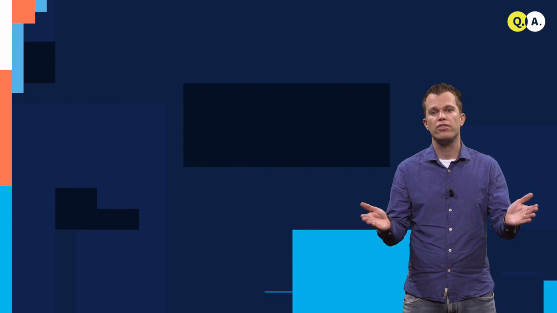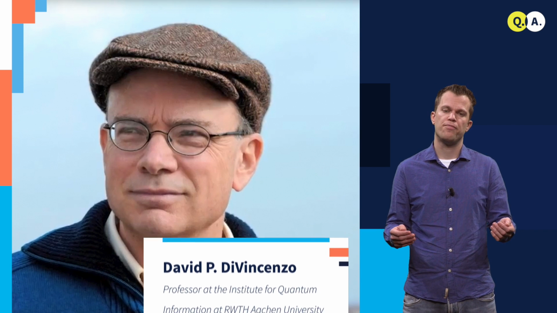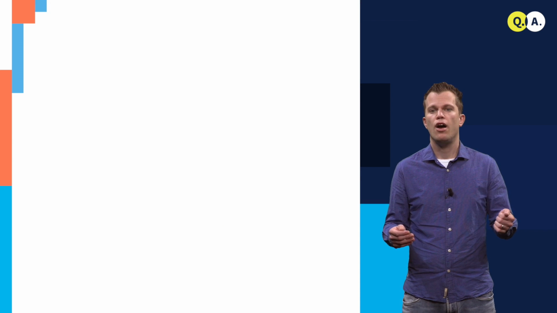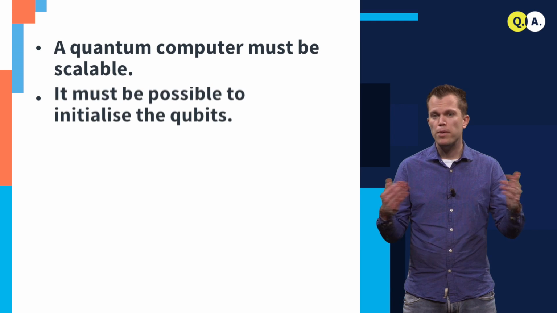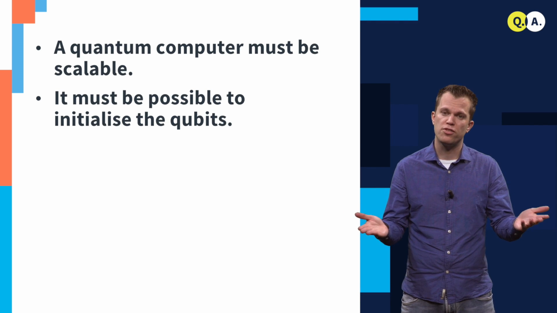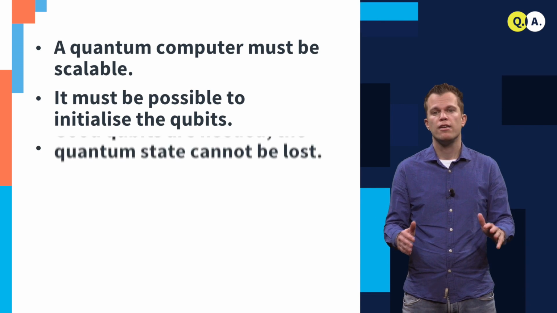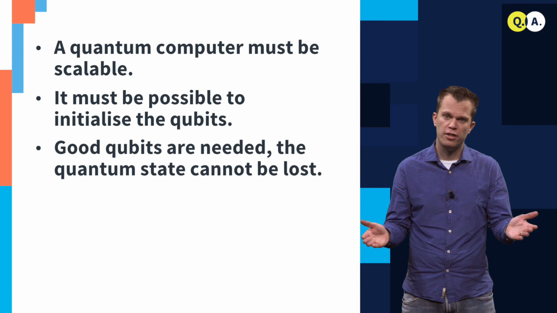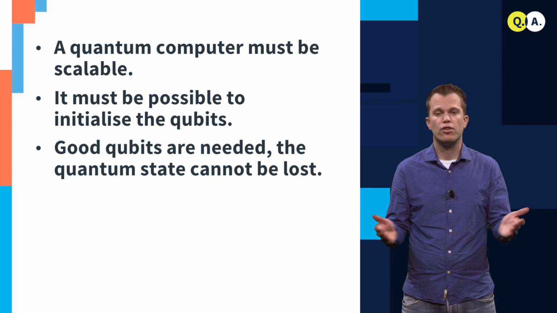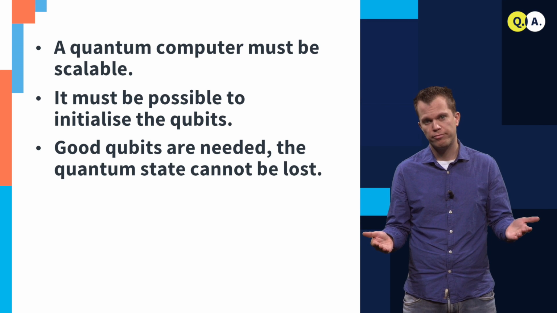In 2000, David DiVincenzo listed 5 key criteria. First, a quantum computer must be scalable. Second, it must be possible to initialize the qubits. Third, good qubits are needed. They need to have a long quantum coherence to make sure that the quantum state is not lost.